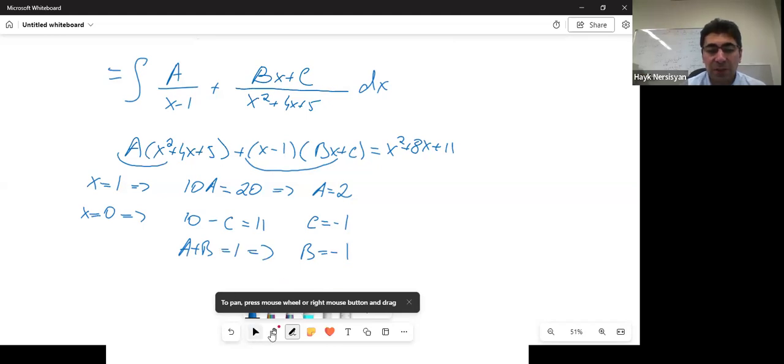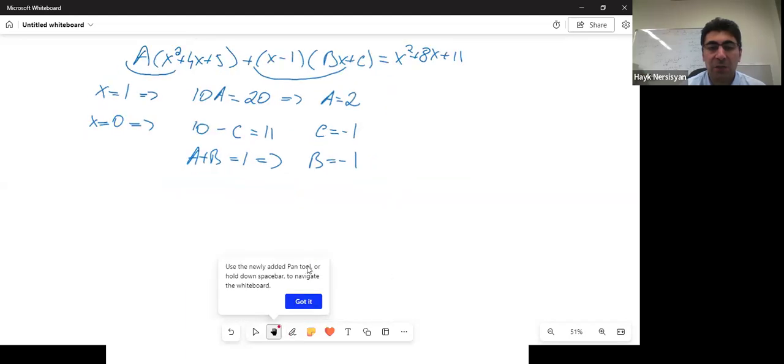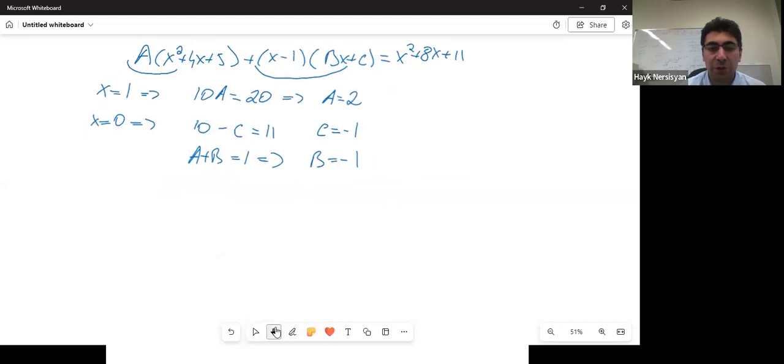And having these values, we can now move to the integration. Our a is 2, so the first integral a divided by x minus 1 dx plus the second one.